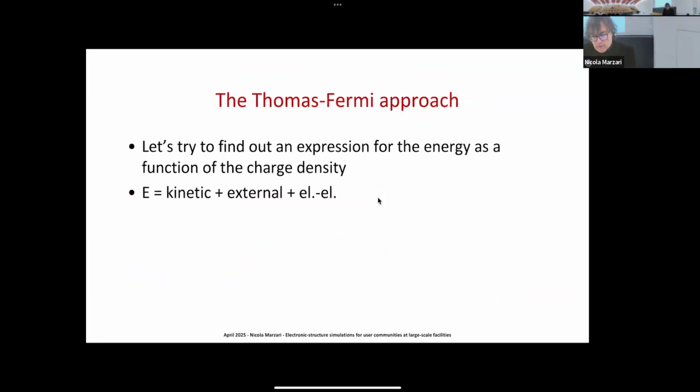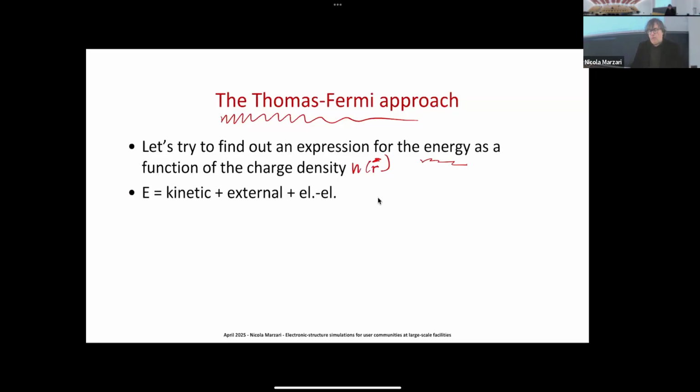And so what we are going to do is change paradigm. And this was first tried again by Enrico Fermi together with his colleague Thomas. And it says, well, let's actually move away completely from the wave function, because the wave function in any case is such a complex object, and say, why can't we really find an expression for the energy of my water molecule that depends only on the charge density of the water molecule?